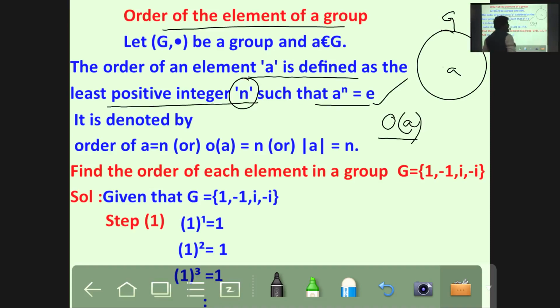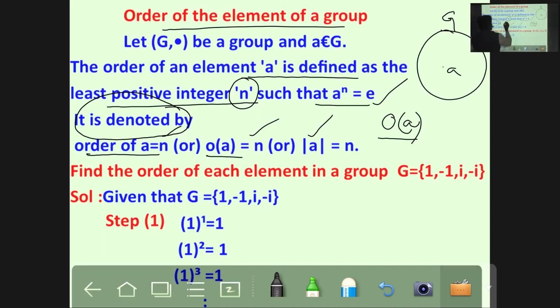Least positive integer n, a power n equals e. Then the order of a equals n. It is denoted by order of a equals n, O of a equals n, cardinality of a equals n. Right?